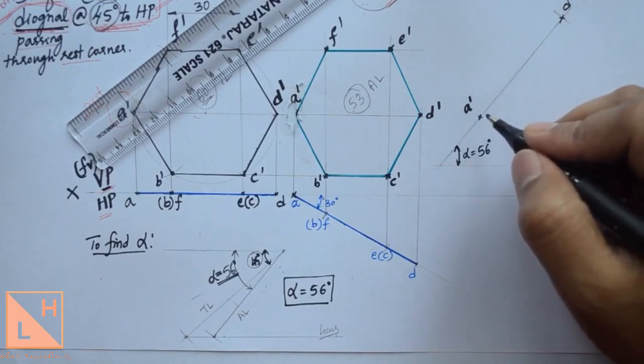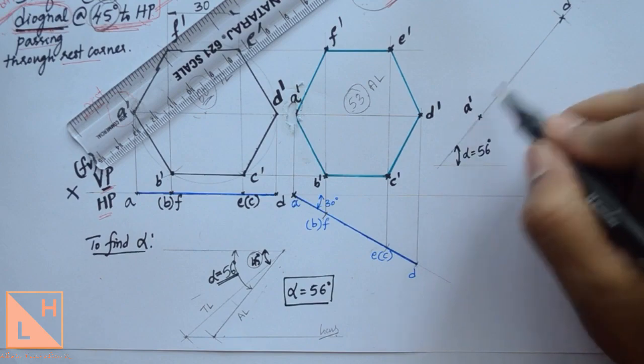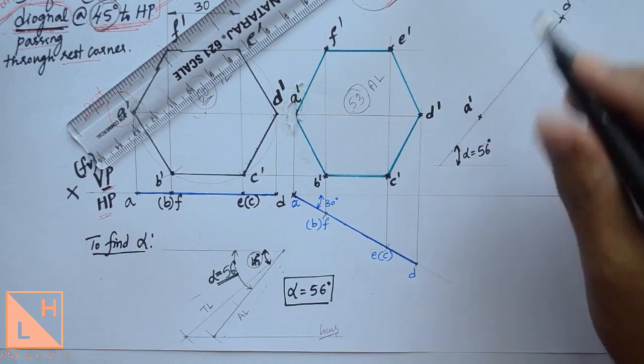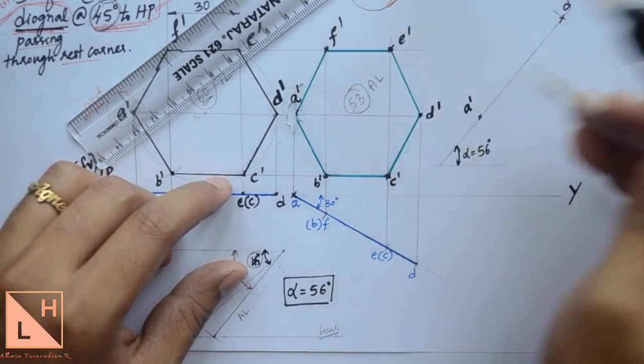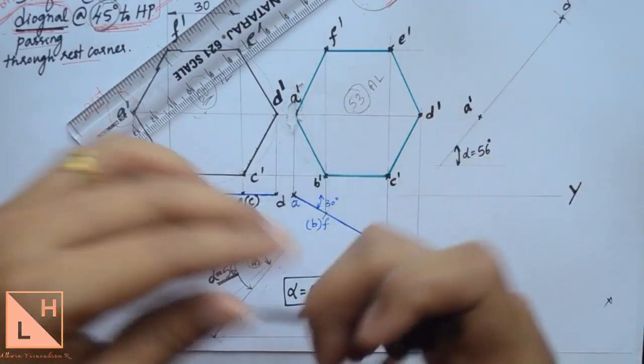So as we did in the previous problem using arc method, we know the points A dash and D dash. Use the compass, measure the distance from A dash to B dash and then from D dash to B dash in this manner.